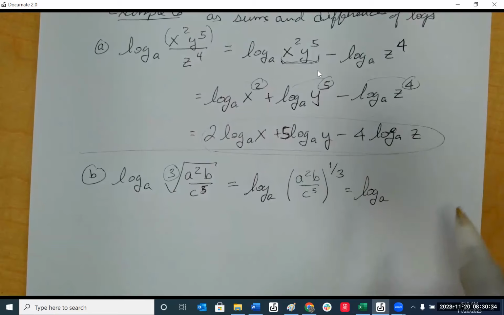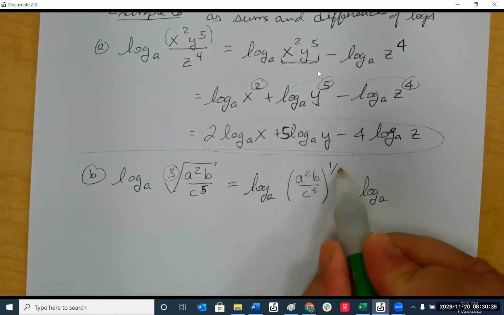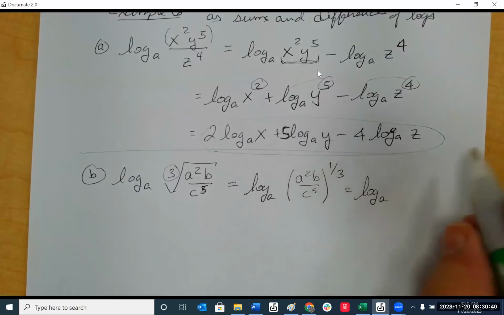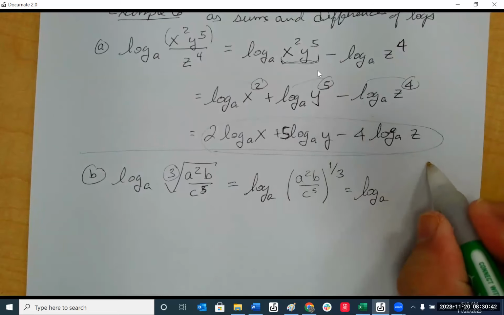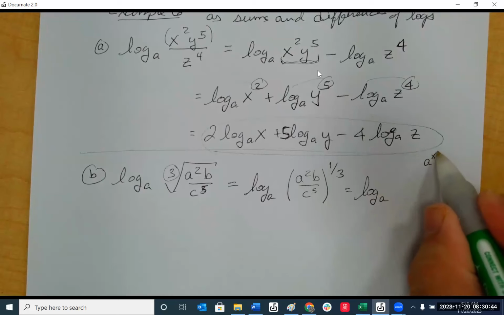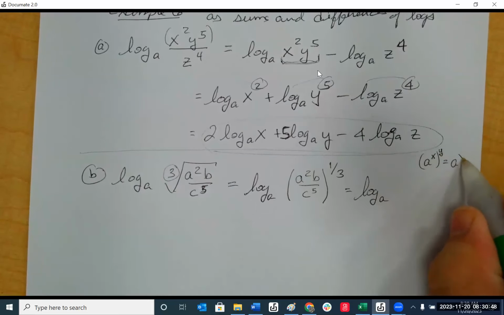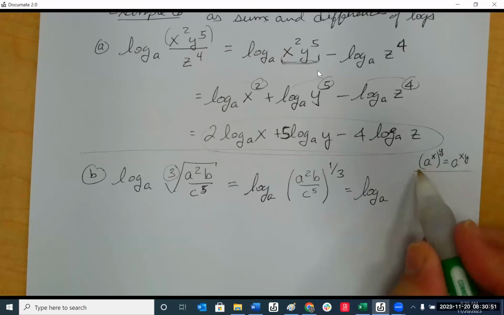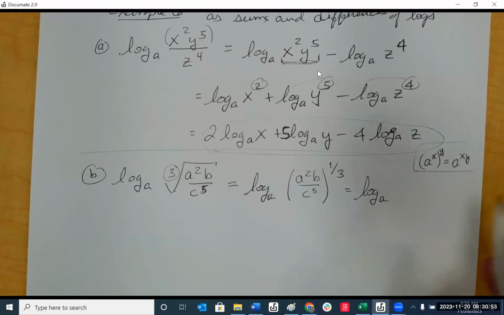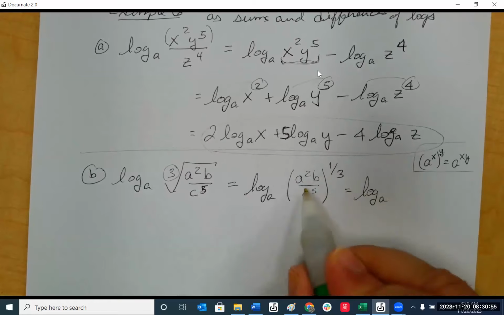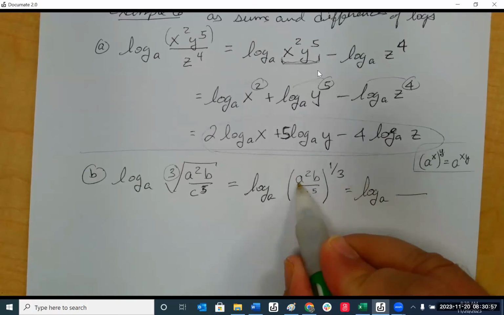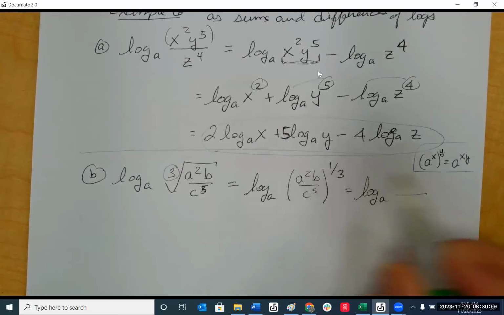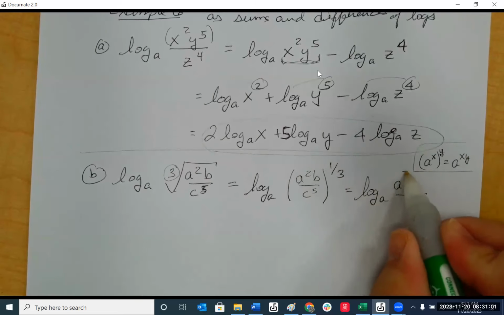And remember, a long time ago in chapter 1, we talked about whenever you have a power to a power, you multiply. So here on top, we have A to the power 2 times 1/3, which is 2/3.